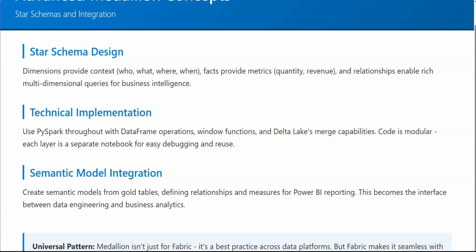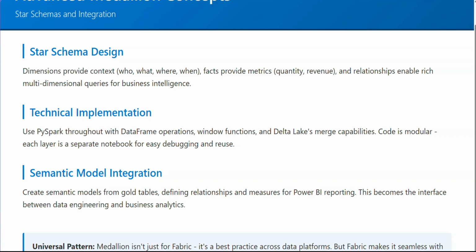Dimensions provide context, facts provide metrics, and relationships enable rich multidimensional queries. We'll use PySpark throughout, leveraging DataFrame operations, window functions, and Delta Lake merge capabilities. The code is modular. Each layer is a separate notebook, making it easy to debug, test, and reuse.